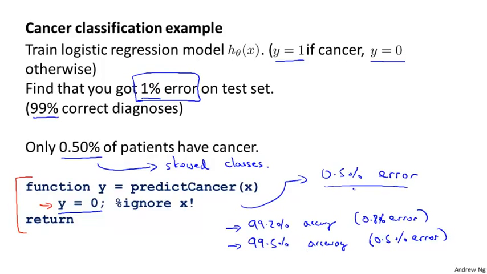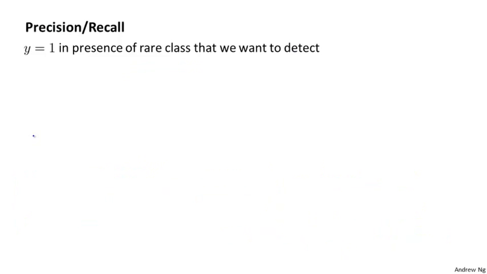But just predicting y equals 0 more often can bring your error down to maybe as low as 0.5%. When we're faced with such skewed classes, therefore, we would want to come up with a different error metric or a different evaluation metric. One such evaluation metric is what's called precision recall.